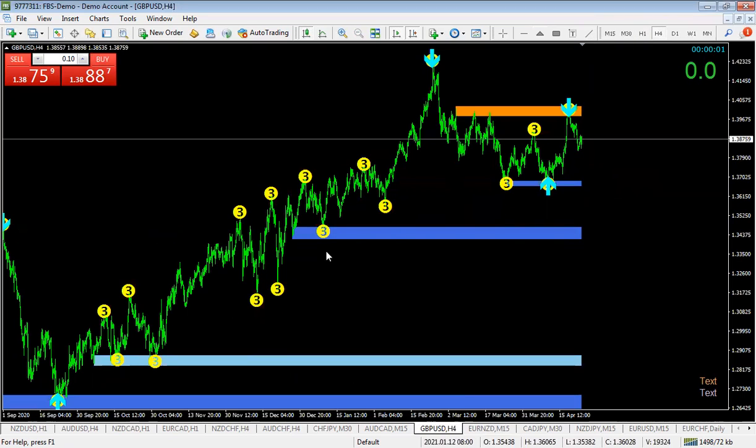Usually, I like to treat the head and shoulders when the neckline is more horizontal. Let's see.